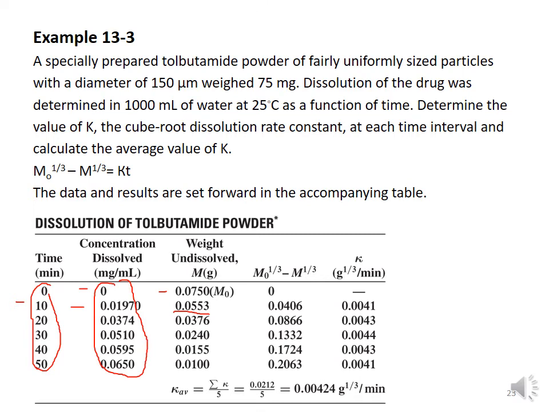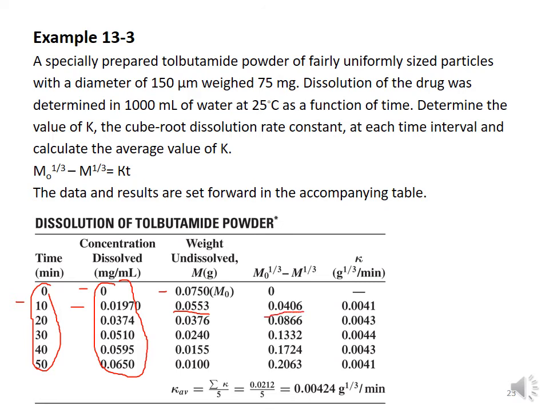Then we determine the difference between the cube root of the original weight minus the cube root at time equals t. That is the cube root of 0.075 minus the cube root of 0.0553 equals 0.0406.